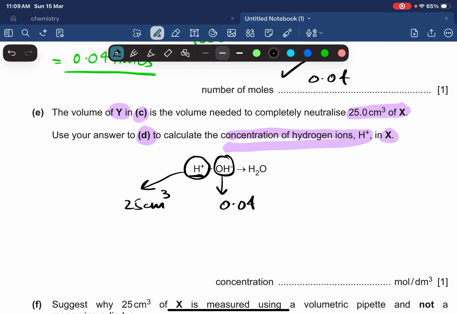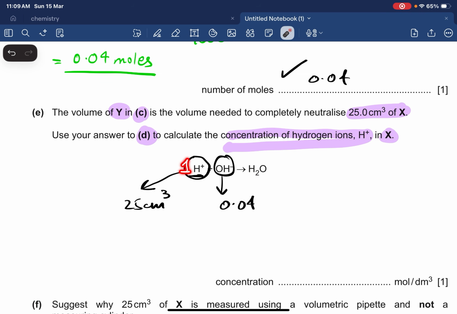Now you know that 1 mole of this is going to react with 1 mole of this. So how many moles of H plus ions are going to react? If we have 0.04 moles of hydroxide ions, obviously 0.04 moles of H plus ions are going to react.